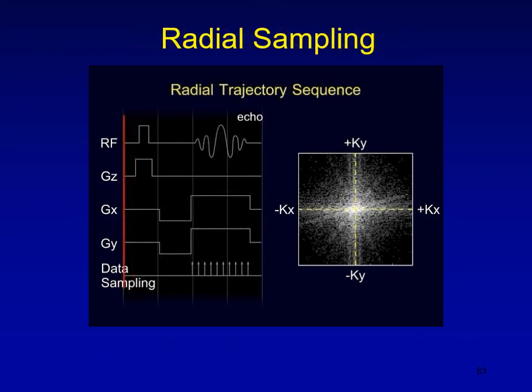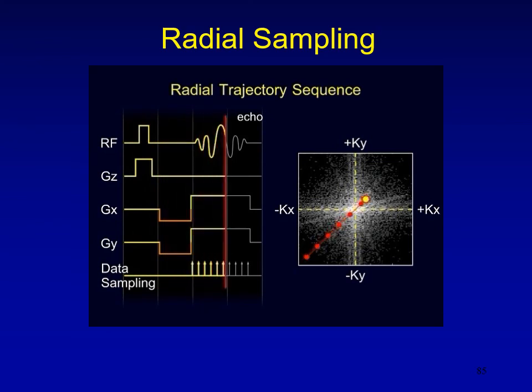There are different ways of collecting data in k-space using different timings of the gradients. These are used for different purposes, and by and large are used for specialty purposes in niche uses. One of these is called radial sampling, which I will illustrate here. In radial sampling, the X and Y gradients are applied at the same time.